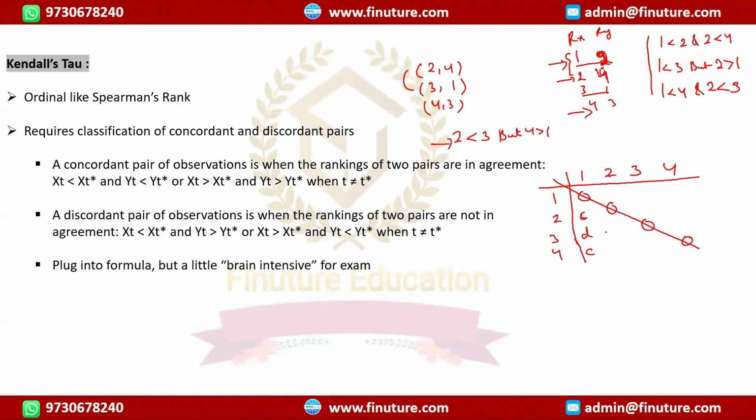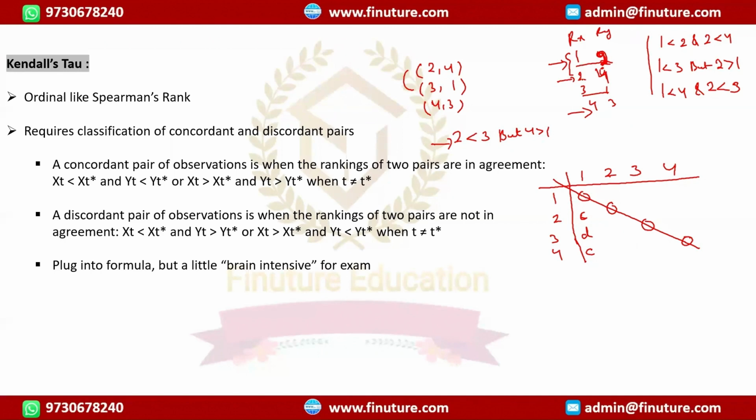So 2 is less than 3, but the other things are 2 comma 4, right? Next is 3 comma 4, right? Sorry, 2 comma 3. It was 2 4 1 3, right? The ranking, I just wrote it 2 4 1 3.